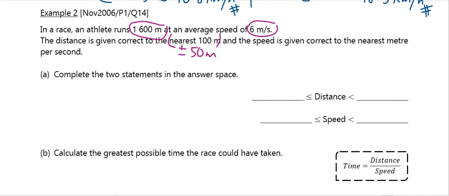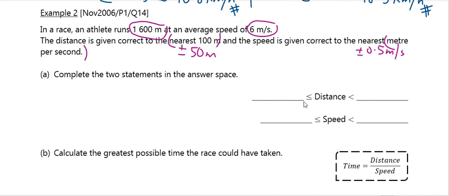And the speed is given correct to the nearest meter per second. So here 1 meter per second, so the error will be 0.5 meters per second. Always make it a habit: when you see this statement, always find the absolute error straight away, right?